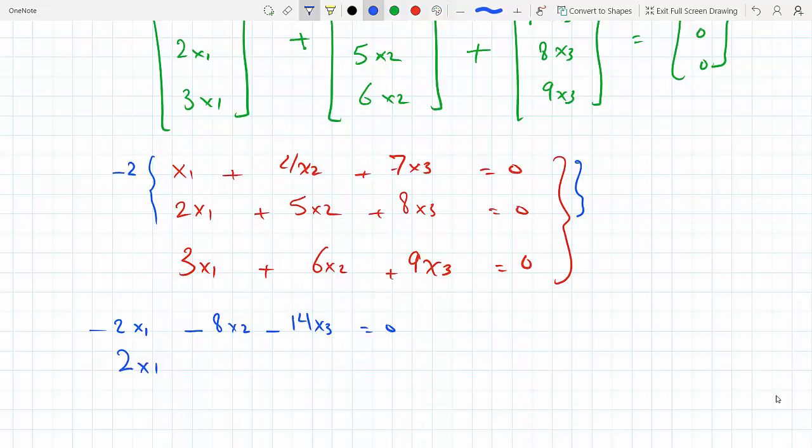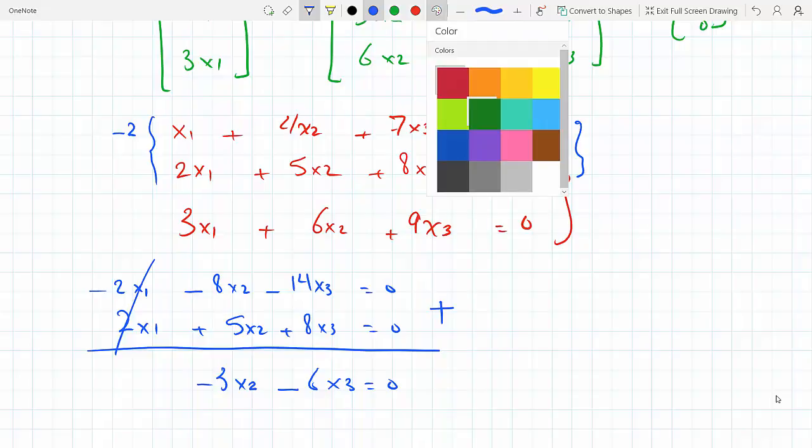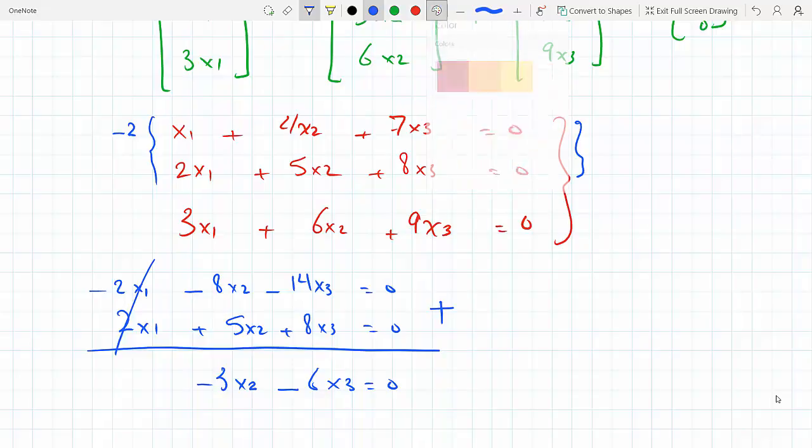Leave the second equation as is, and then I will add the two equations, and so these go away and I get minus 3x2 minus 6x3 equals 0.